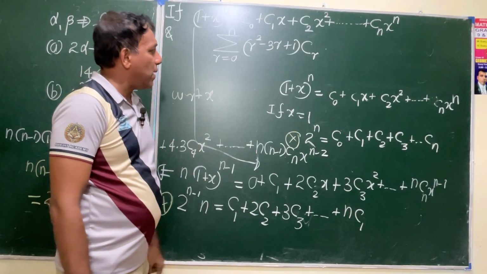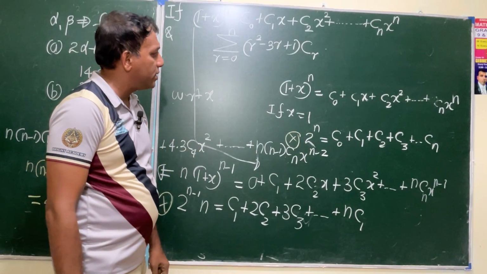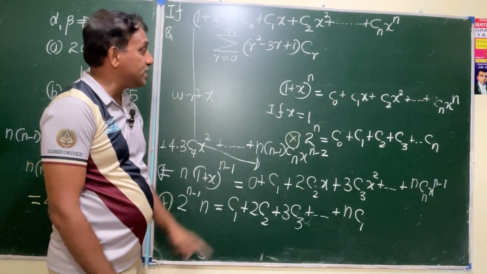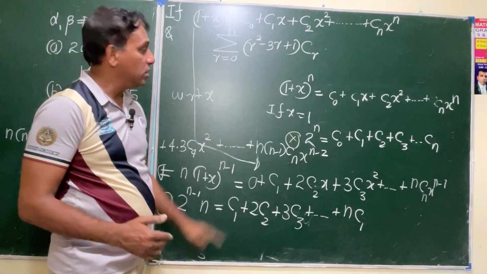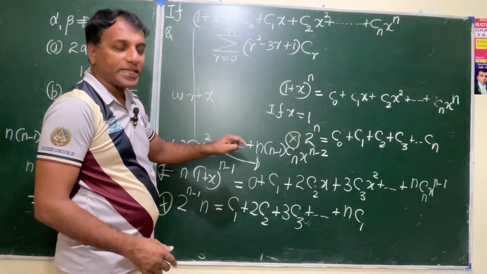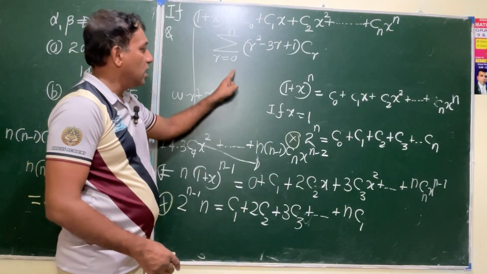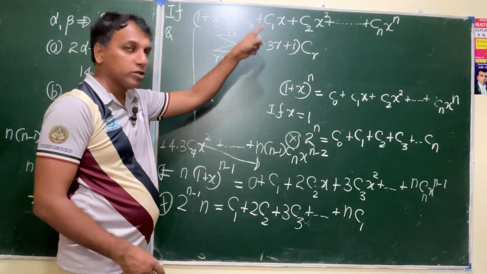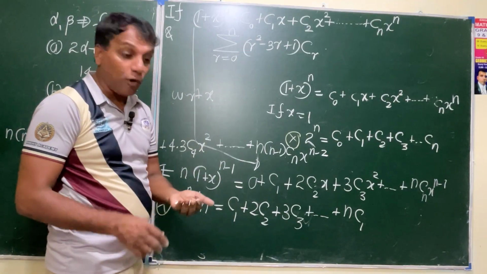Can I expand this problem properly in terms of the sigma summation? Put r for 0 plus r for 1 plus r for 2 plus r for 3 up to r for n, right?